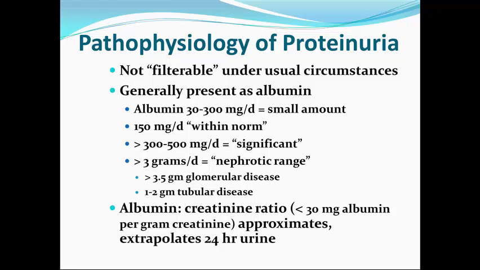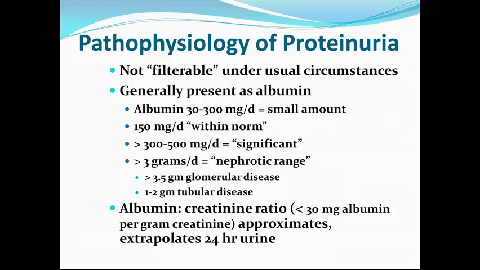Generally, protein is present as the smaller molecule, albumin. When we look at the amount of albumin, what I want you to have is a sense of pathophysiologic significance. We frequently put out a small amount of albumin in our urine.